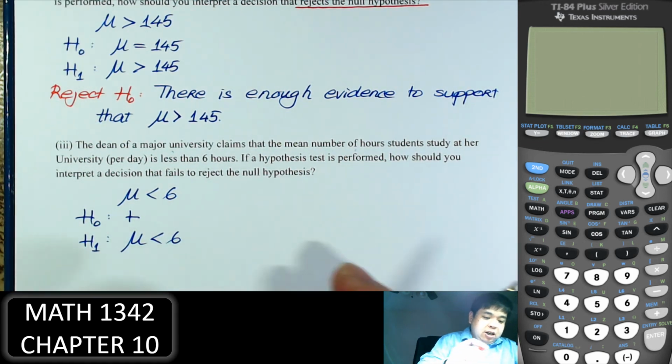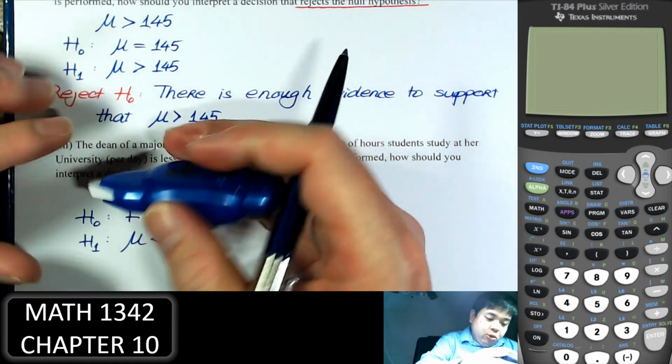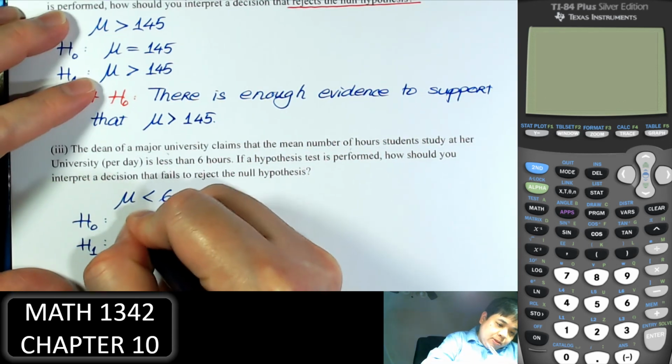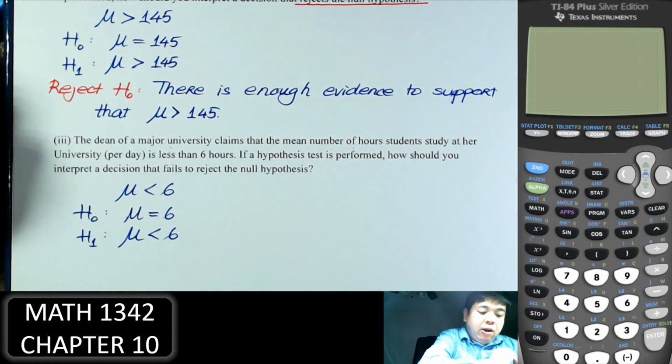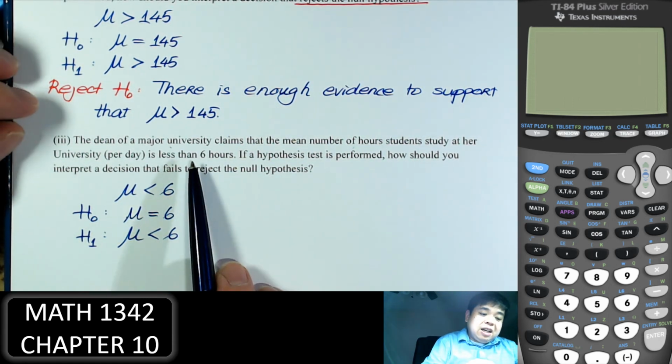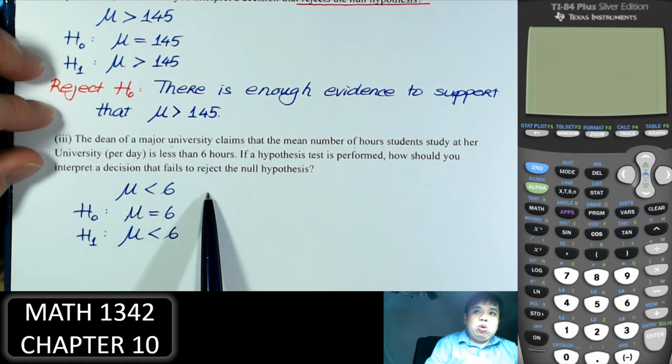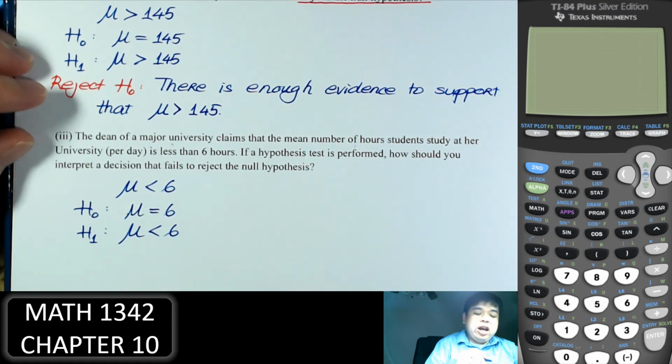But the null hypothesis will always have the equal sign. If it says less than or equal to, then we have to write the complement which is greater than. In that case, that is H1.